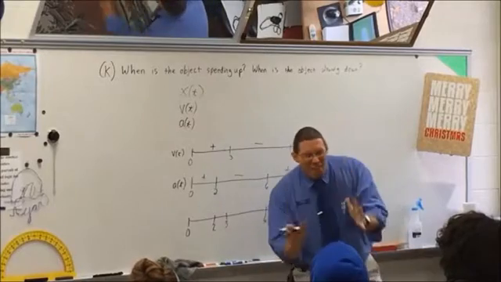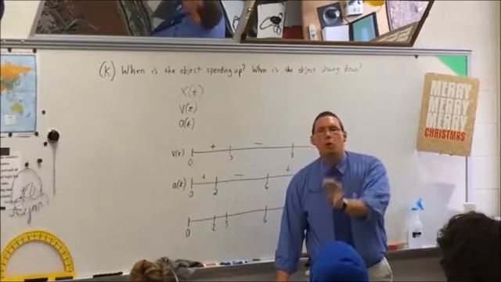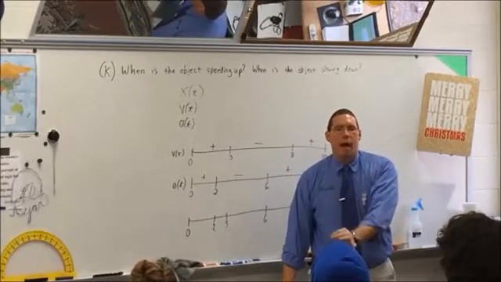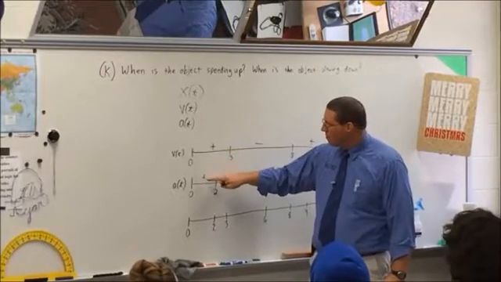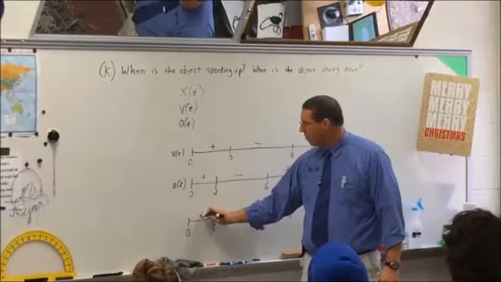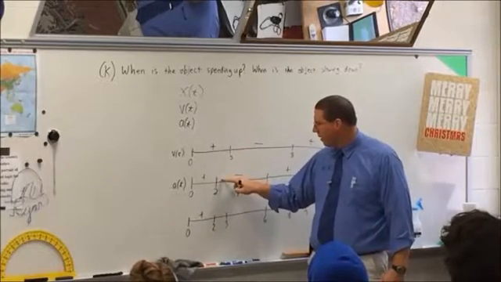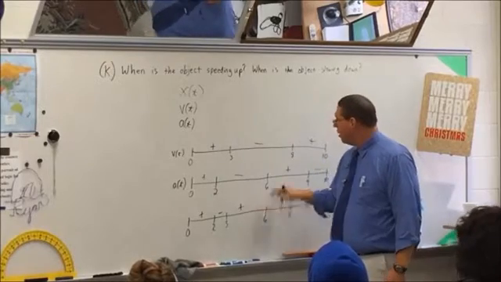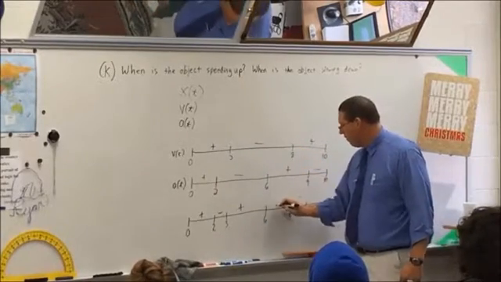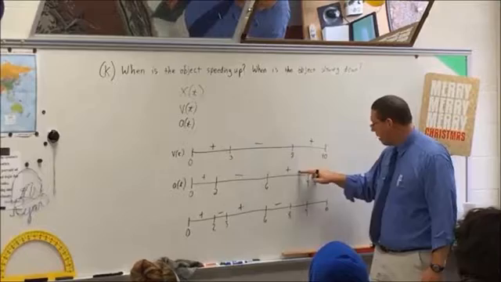Ready? Love this. You multiply the signs. What is a positive times a positive? Positive. What is a positive times a negative? What's a negative times a negative? What is a negative times a positive? What is a positive times a positive?